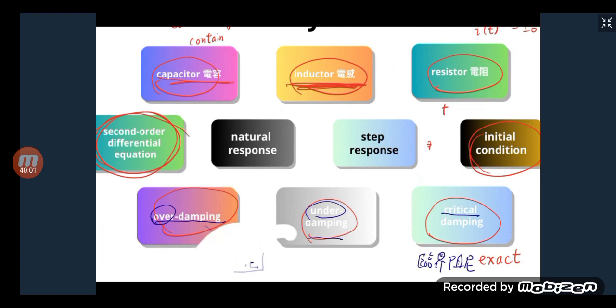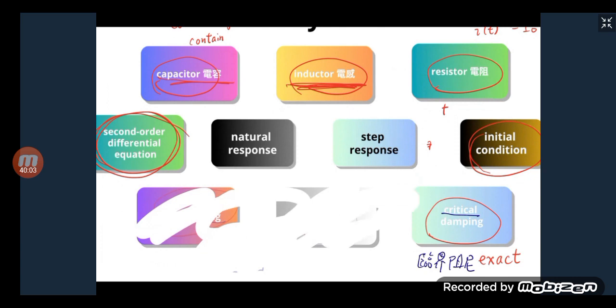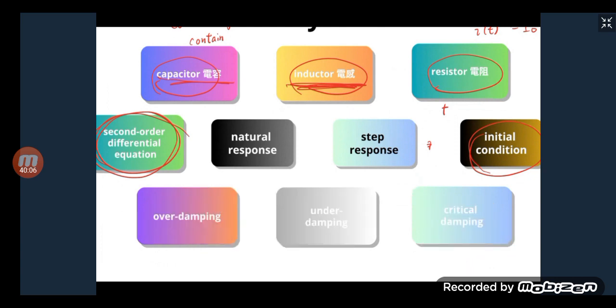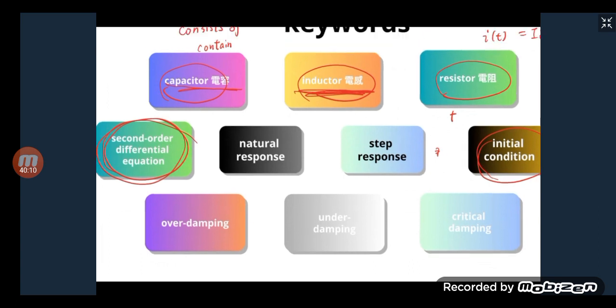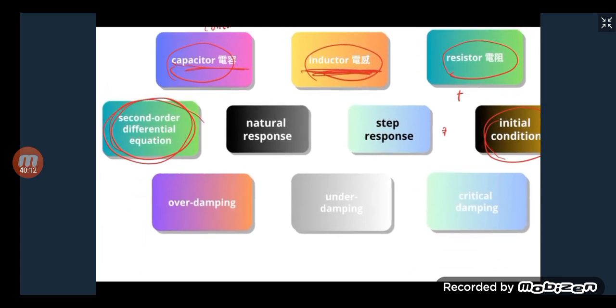And here, maybe before we finish the keyword introduction, we take a more detailed look at the three conditions.